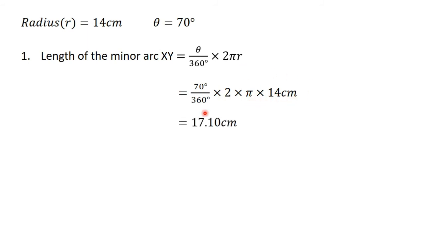When you do this on your calculator, you are going to have 17.10 centimeters. Remember, the question said we should leave our answer in two decimal places. So you do exactly that. So we can say that the length of the minor arc is 17.10 centimeters.